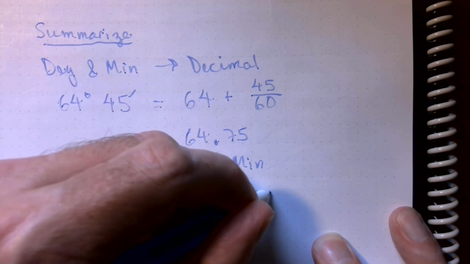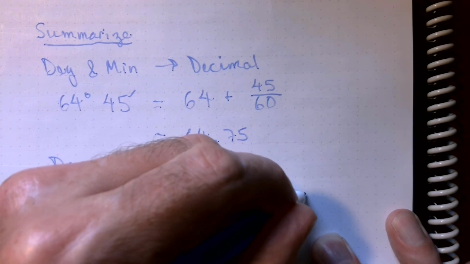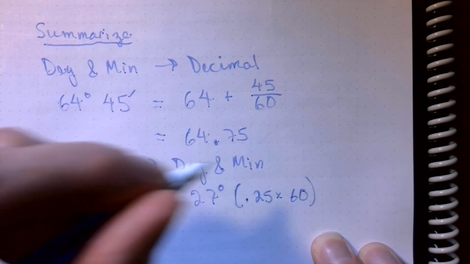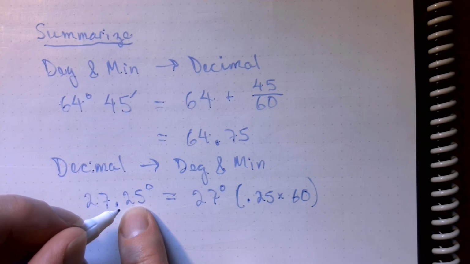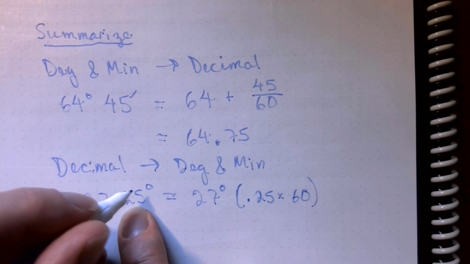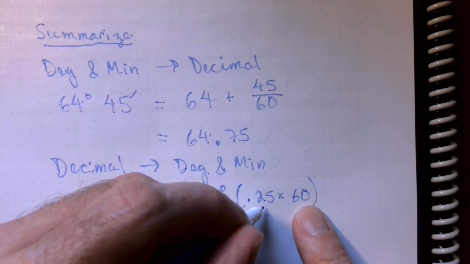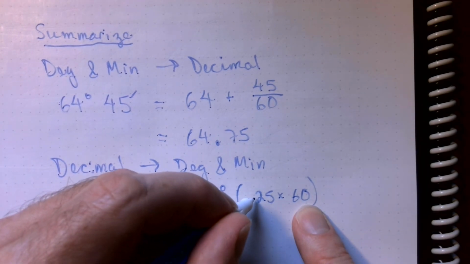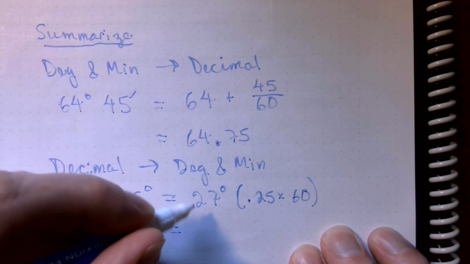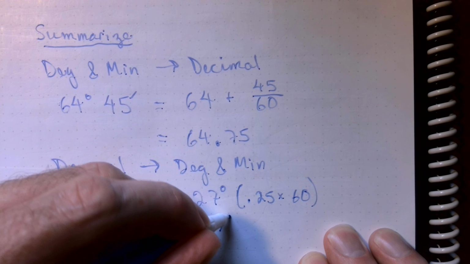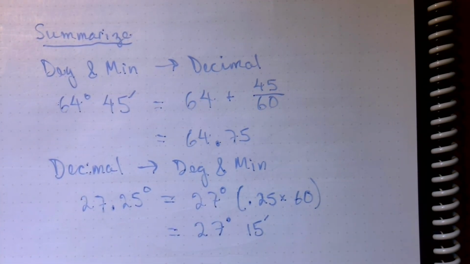I do 0.25, multiply that by 60. Okay, 0.25 is 1/4 of a degree. Right? And in minutes, well, 60 minutes is 1 degree, so I take 1/4 of the 60. 0.25 times 60 is 15, so this is 27 degrees, 15 minutes.